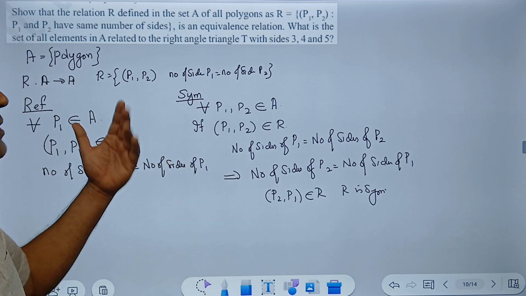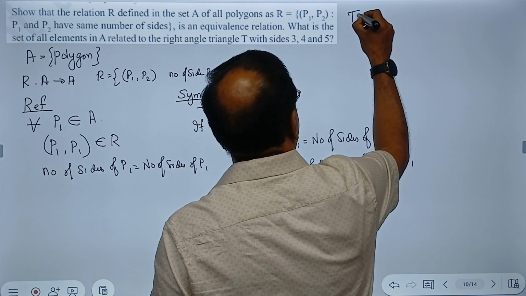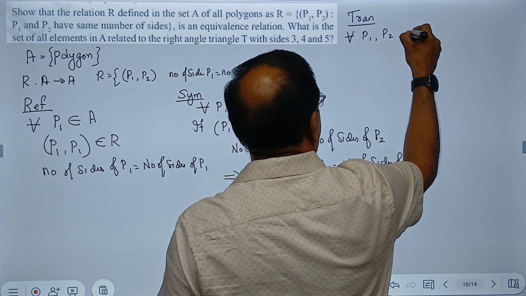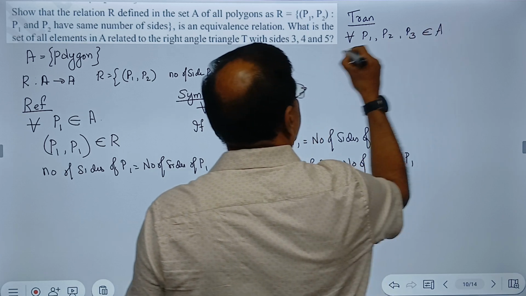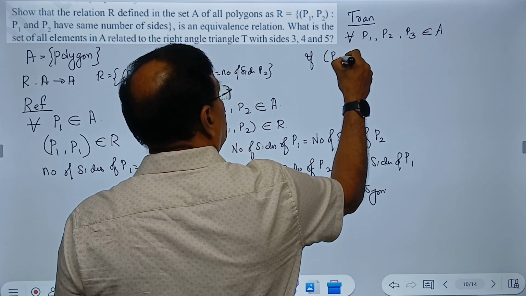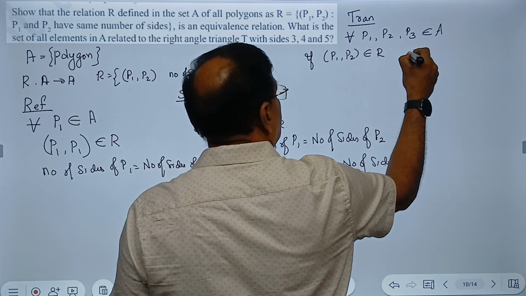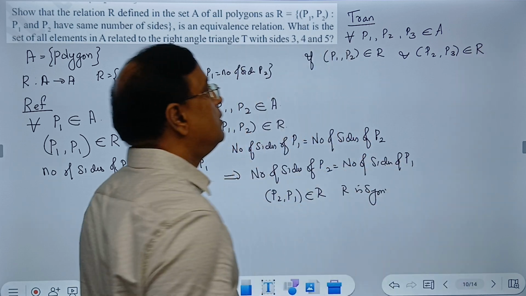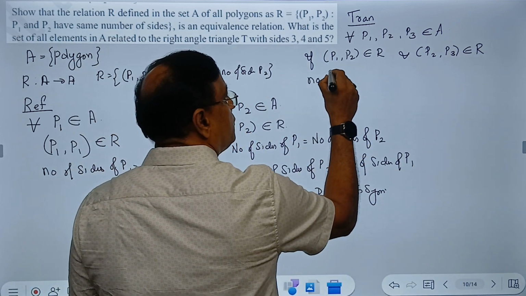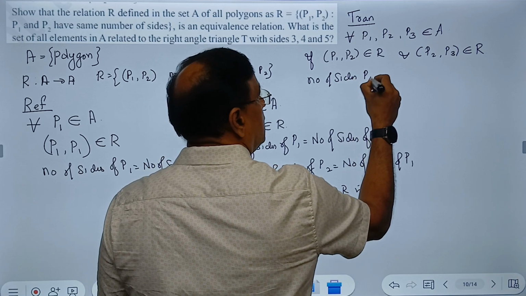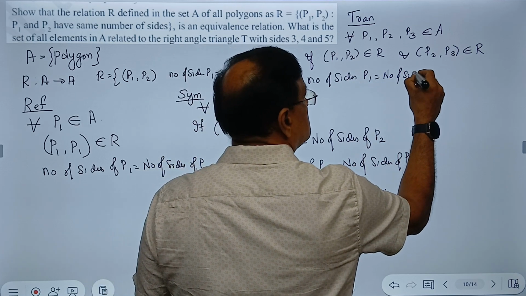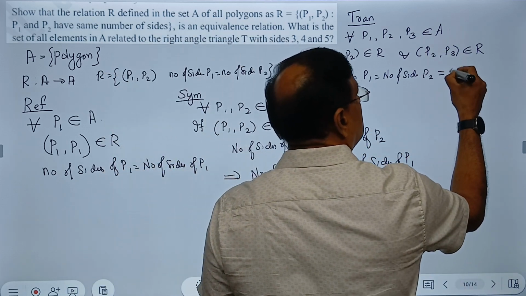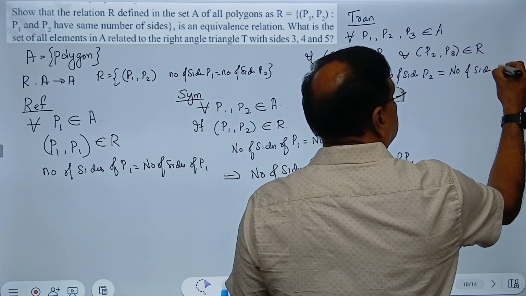These are all not so great sums, so they are simple. Okay. Now let's go to transitive. For transitive, I'll choose three polygons P1, P2 and P3. All of them belong to set A. If (P1, P2) belongs to R and (P2, P3) belongs to R, then you can say the number of sides of P1 equals the number of sides of P2, but obviously the number of sides of P2 will be equal to the number of sides of P3, that is given.